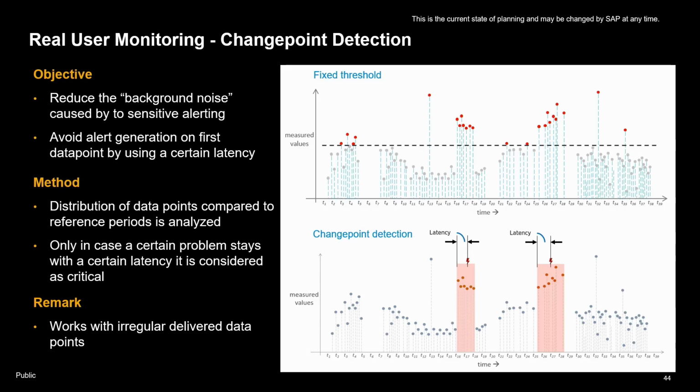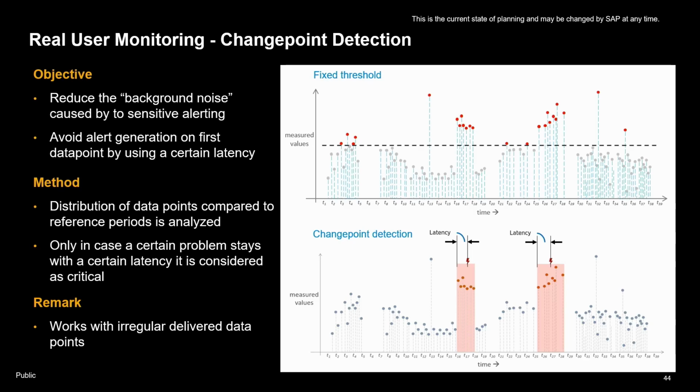And therefore, we have decided now, instead of putting this hard threshold, as you would see here on the top of the line, and every time you would get an alert if this threshold is exceeded, we have this change point detection algorithm based on HANA capabilities, now tested. And we provide you with an alert only if you exceed the usually measured response time for a particular request for a certain amount of time.